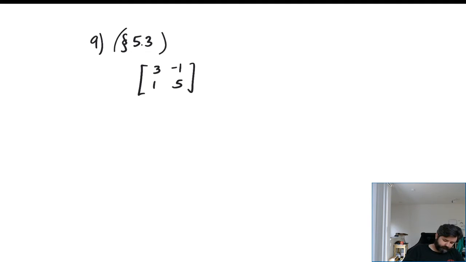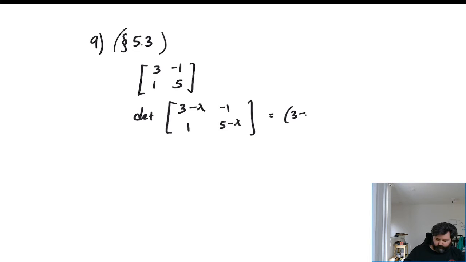So that's the matrix right there. We want to see if it's diagonalizable. So we have to do the determinant of A minus lambda I, which looks like this. If we do that, we get 3 minus lambda times 5 minus lambda, minus -1, so plus 1.